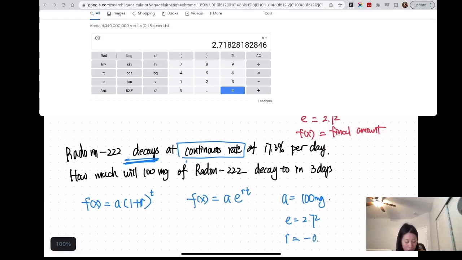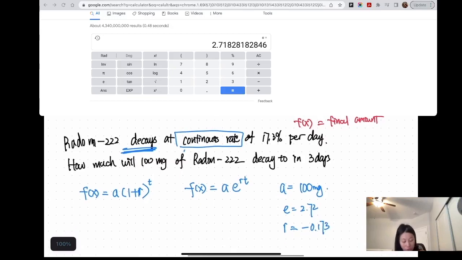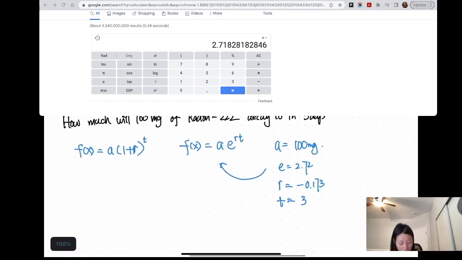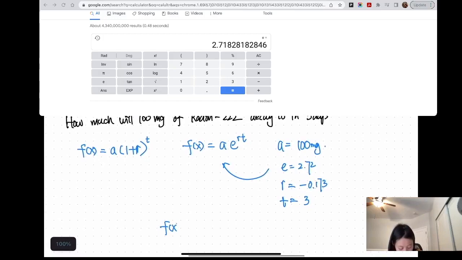We convert this to a decimal, which is 0.173. And then the time is 3 days. After you pick the function, the next thing to do is just plug everything into the formula. I have f(x) equals 100 times e to the negative 0.173 times 3.